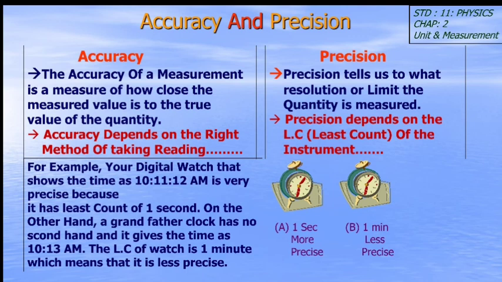The accuracy of a measurement is a measure of how close the measured value is to the true value of the quantity.